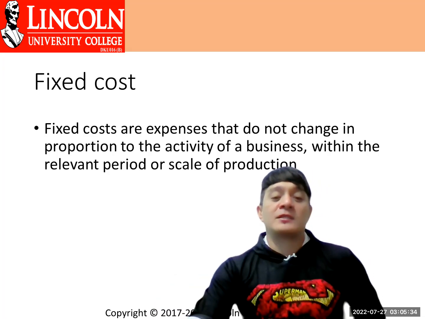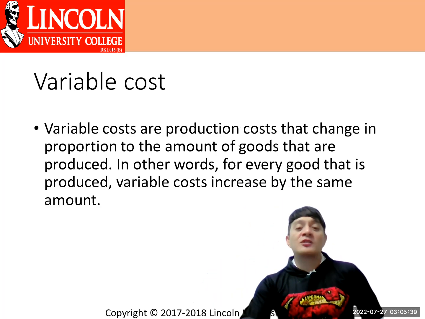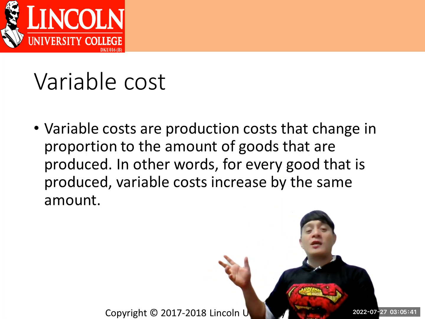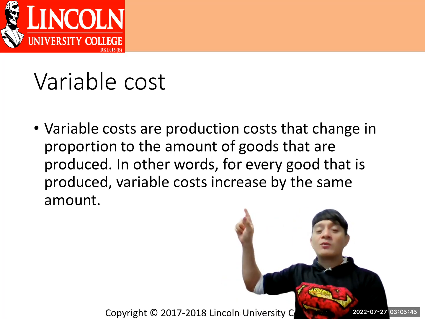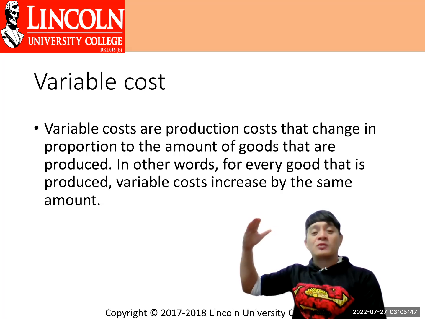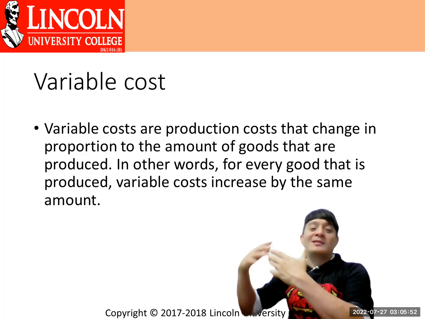While variable costs, on the other hand, are production costs that change in proportion to the amount of goods that are produced. In other words, for every good that is produced, it increases by the same amount.